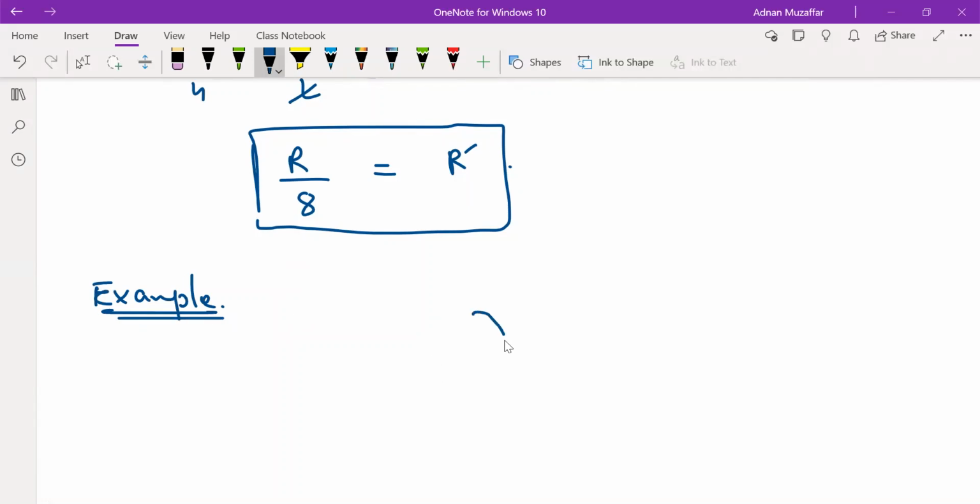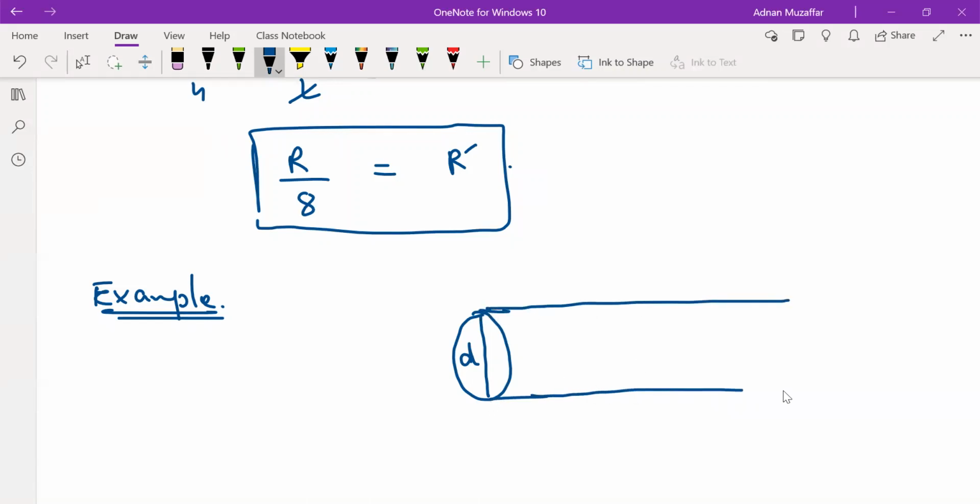Suppose there is a wire here and they have given you the diameter of the wire as D, instead of area. This is the most common way in which they give you questions. So L is the length of the wire, R is its resistance, and rho is its resistivity.